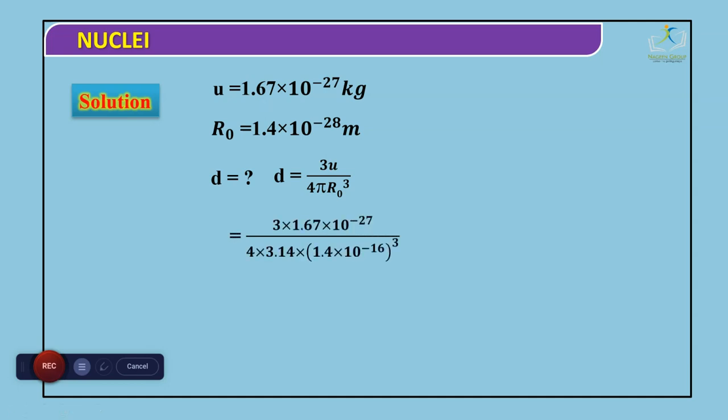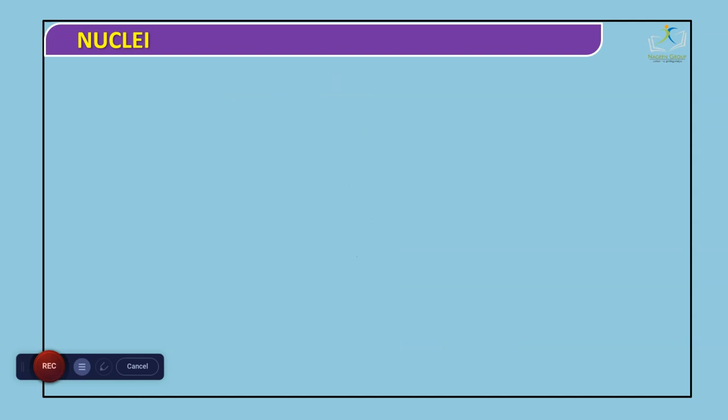The value of U, which is the unit mass of this system, is 1.67 × 10^-27. The value of pi is 3.14, and R naught cube is 1.4 × 10^-15 cube. After solving, we get the result 1.453 × 10^17 kg per meter cube, which is option 1.